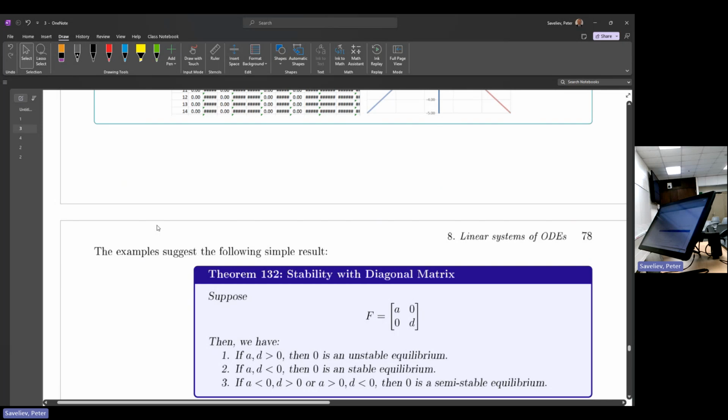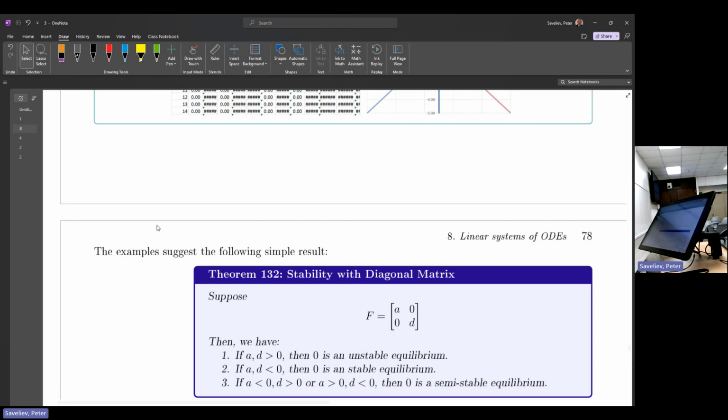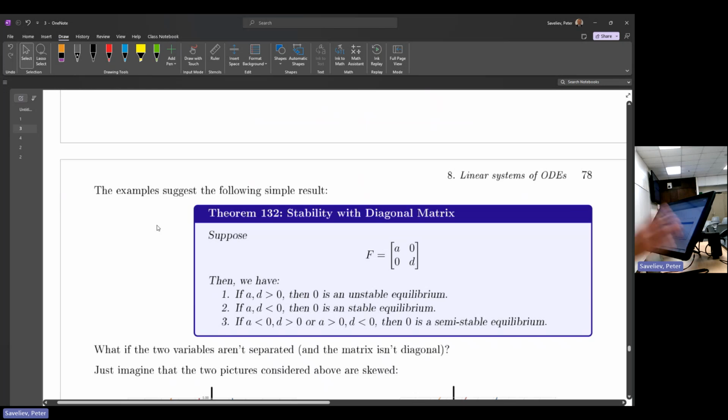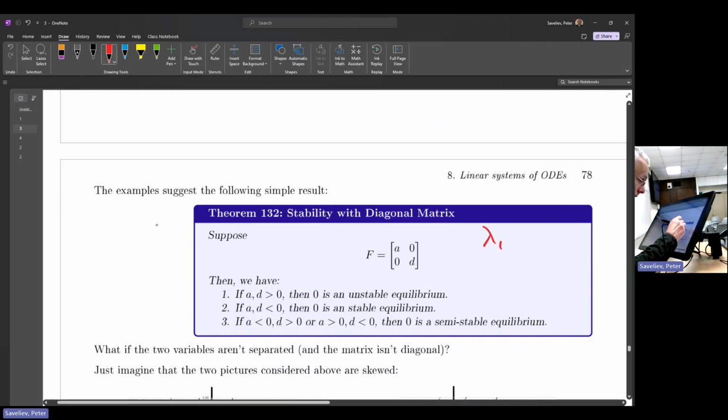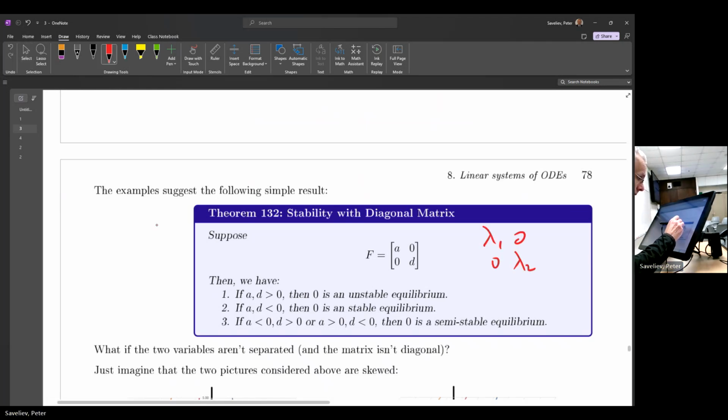Okay, so once again, stability of a diagonal matrix. If our matrix is diagonal, and, well, getting ahead of ourselves, all matrices are diagonal under good circumstances. So then A and D, these are basically the two eigenvalues.